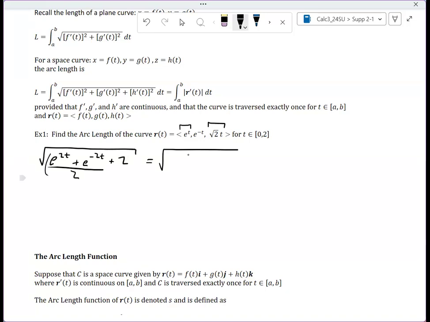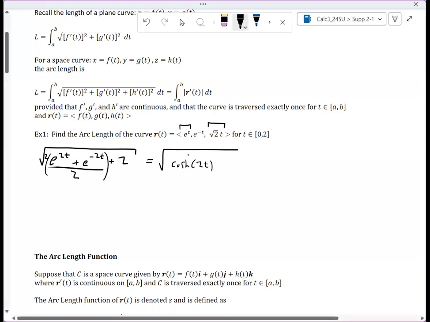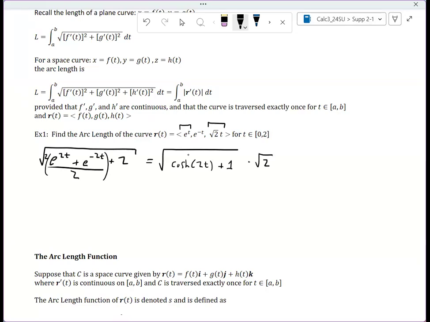I need a 2 on the bottom here. And I could put that in as long as I have a factor of 2 in front as well. So what does this give me? This gives me 2 cosh of 2t plus 2. And then I can factor out that factor of 2 and it can come all the way outside the radical.